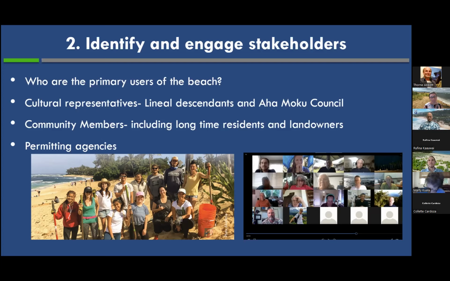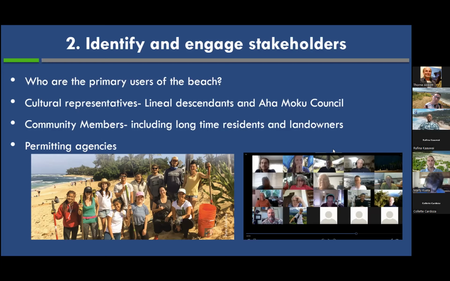This can be a good time to reach out to cultural practitioners, cultural representatives. Are there traditional Hawaiian practitioners that utilize this area? We get a lot of great information from lineal descendants and longtime residents that are very familiar with the seasonal changes and the historical context of an area.